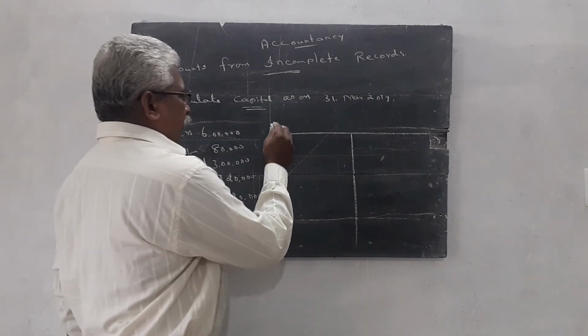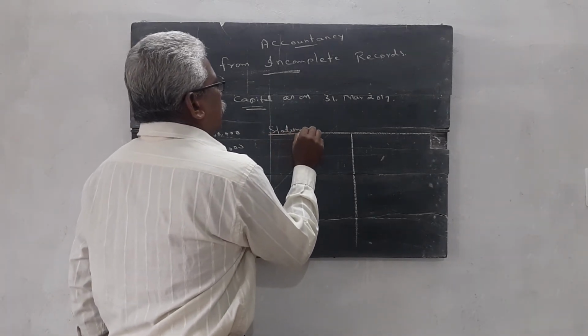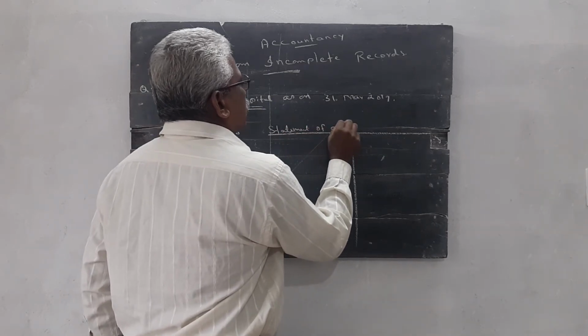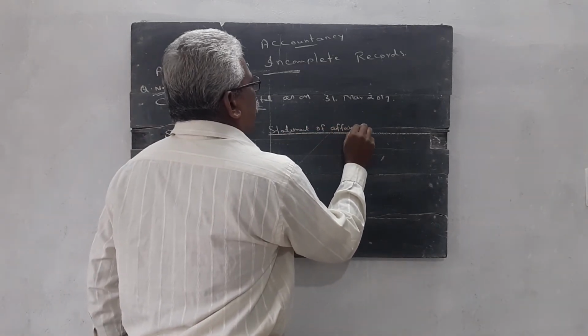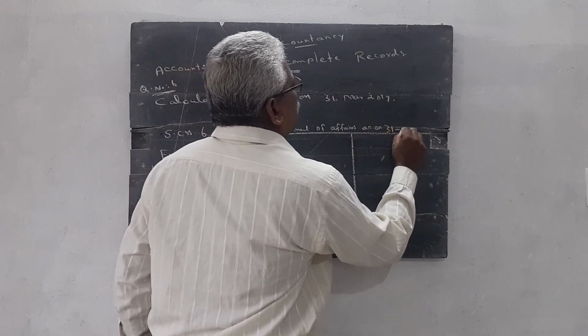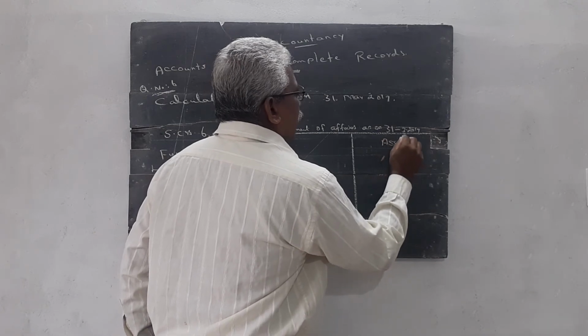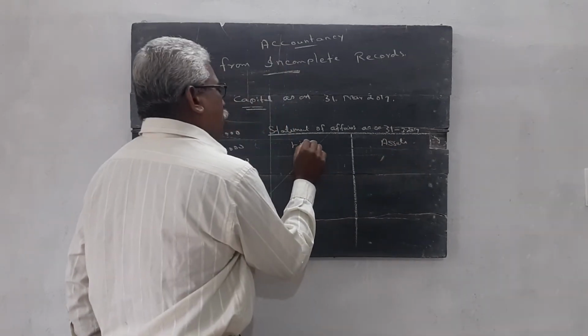So here we write the heading: Statement of affairs as on 31st March 2019. This side is the asset side. This side is the liability side.